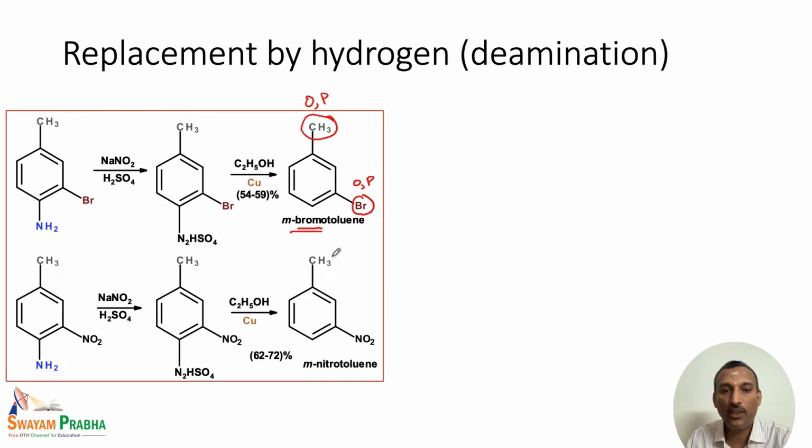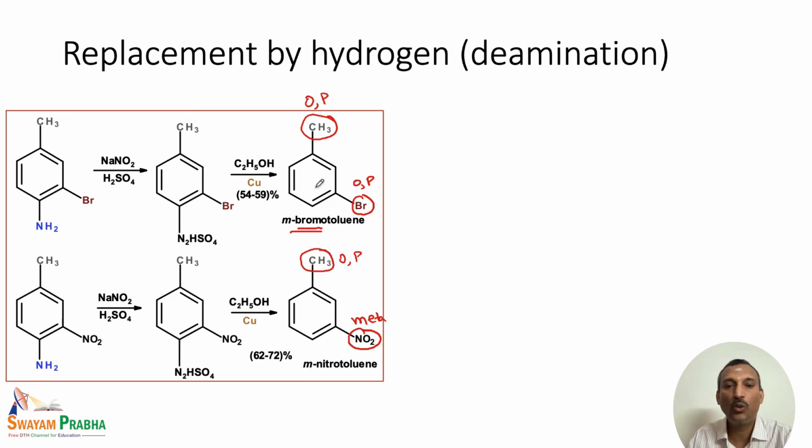Of course, if you look at meta-nitrotoluene, we can think of the nitro group as a meta-directing group and the methyl as an ortho-para directing group. So we can think this meta-directing group can introduce the methyl group into the meta position. But unfortunately, nitrobenzene is so highly unreactive and deactivating that we cannot employ Friedel-Crafts reaction to introduce the methyl group.